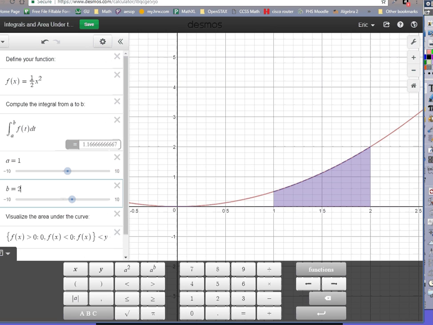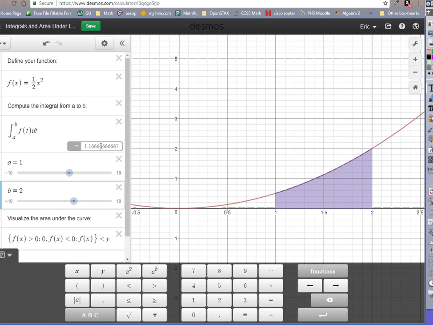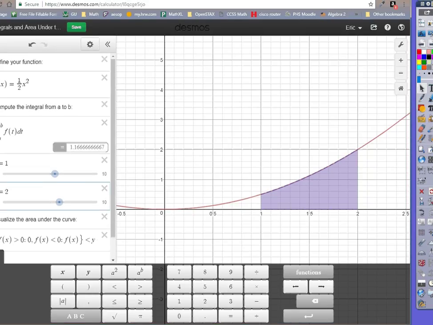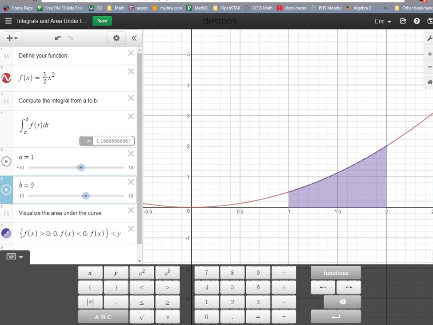Okay. So what do you know? We get the same area, right? But the curve looks very different, right? This just looks like a quadratic. That last curve looked like some bizarre cubic, right?